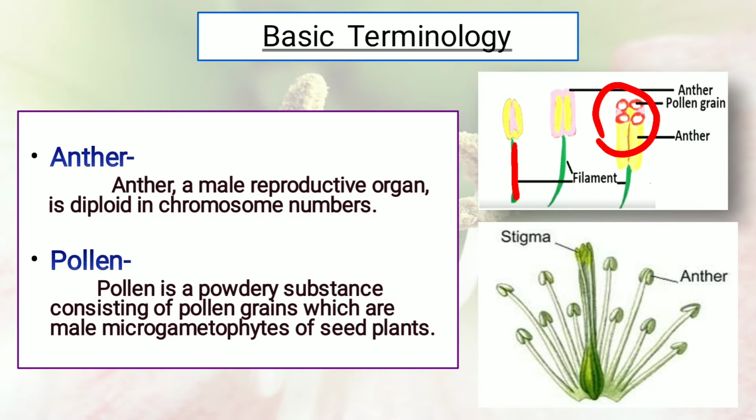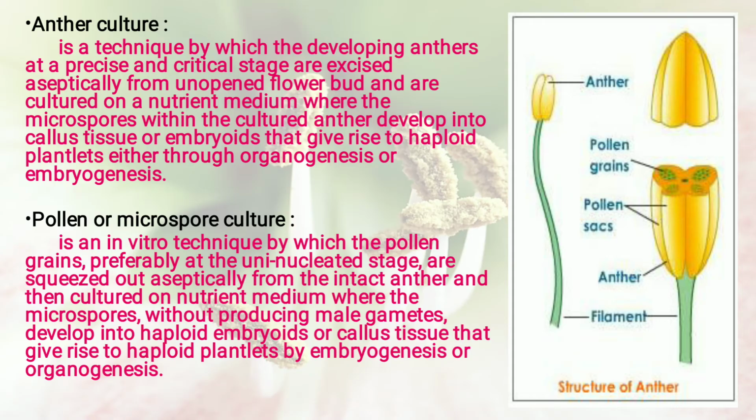These are the pollens present in the anthers. Pollen is a powdery substance. It consists of pollen grains, which are the microgametophytes of the seed plants.